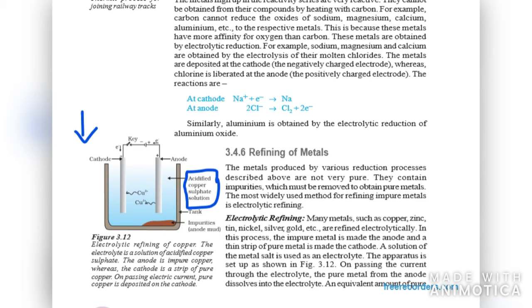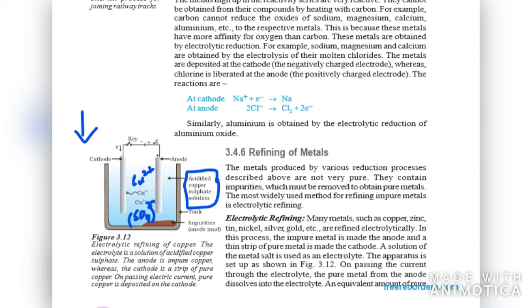That means copper will have positive charges and sulfate will have negative charges. So copper will be attracted towards the cathode and sulfate will be attracted towards the anode. On the cathode, we will have a strip of pure copper. On passing electric current, pure copper is deposited on the cathode and impurities get on the anode.